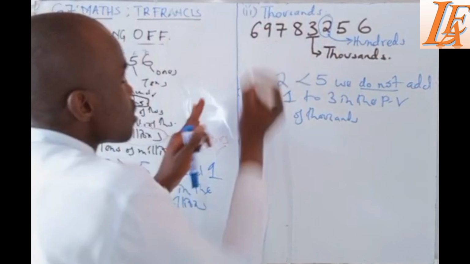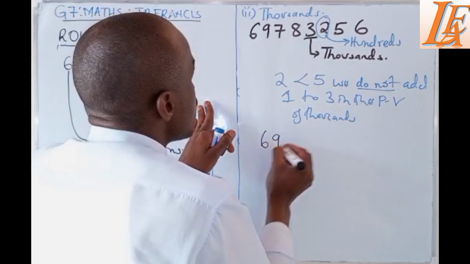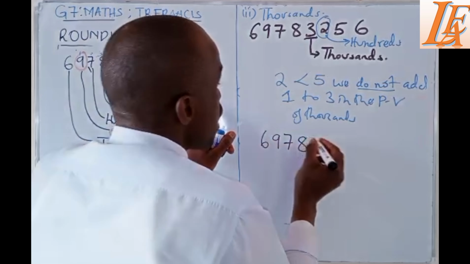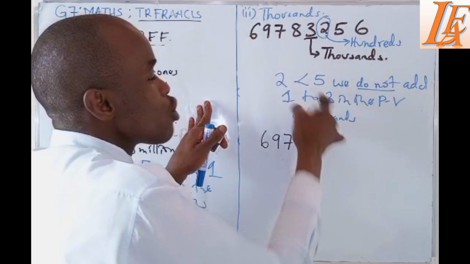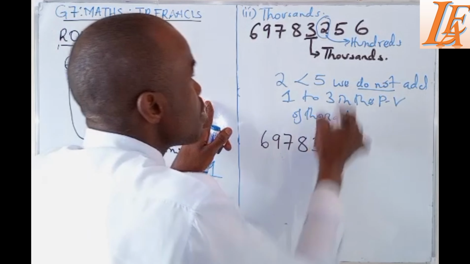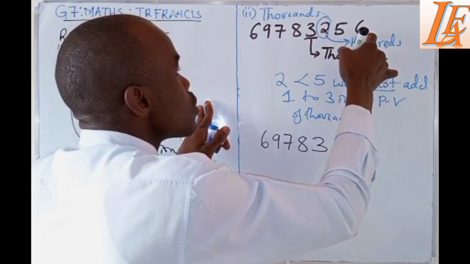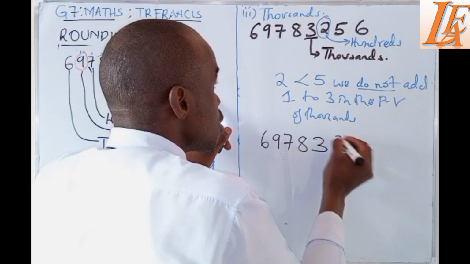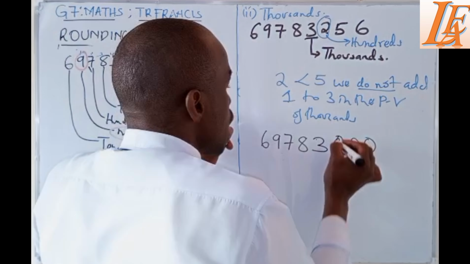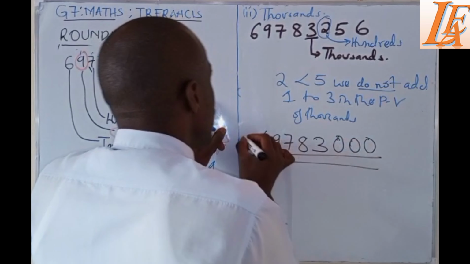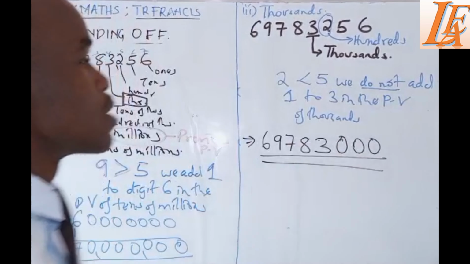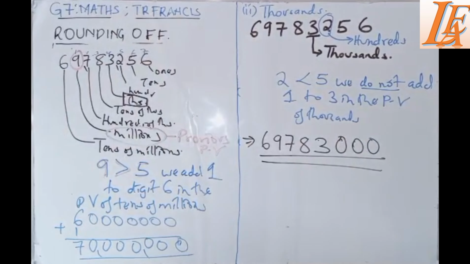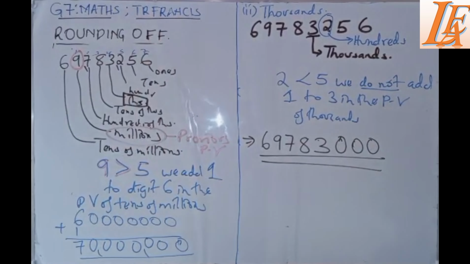So you maintain this 6, 9, 7, 8, and we have said you do not add 1 to 3, so 3 remains the same. Then this 2, 5, 6 turns to be 0, 0, 0, and we have rounded off the number to the nearest thousands. That's how you're supposed to do rounding off.